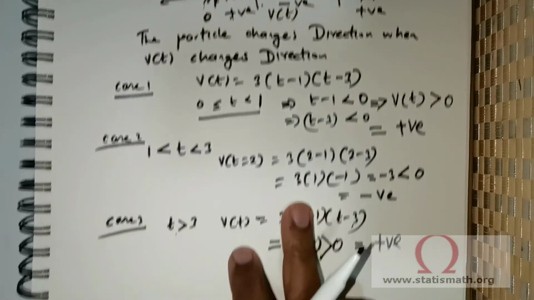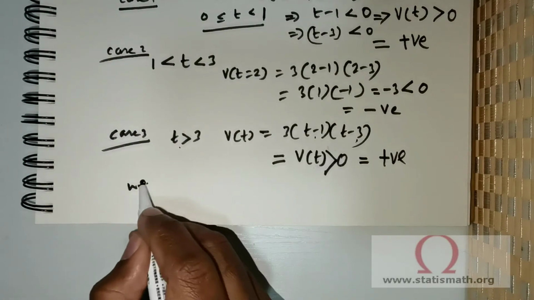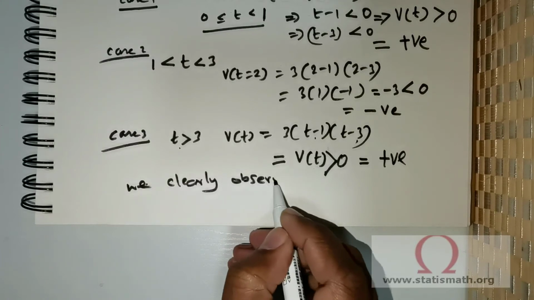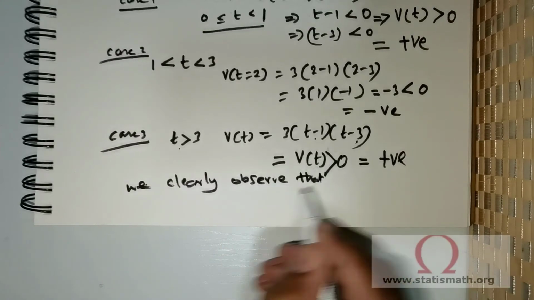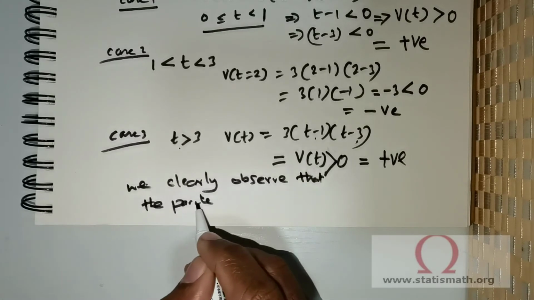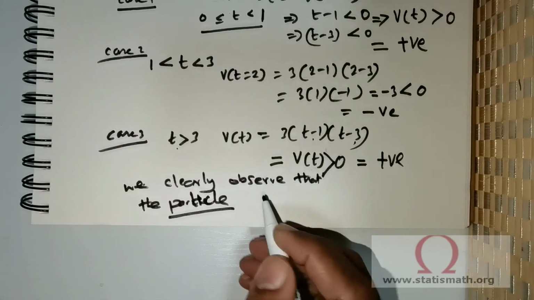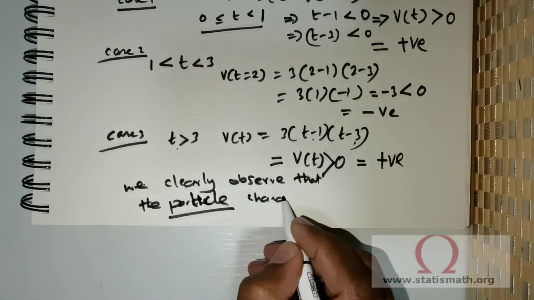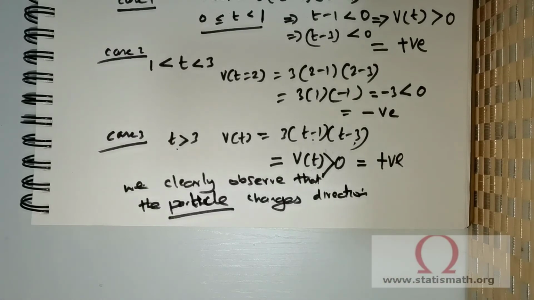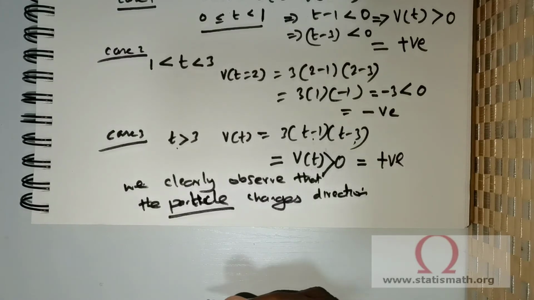So you can state that, after you have done all this, you have to write these things. We clearly observe that the particle changes direction between 1 and 3.